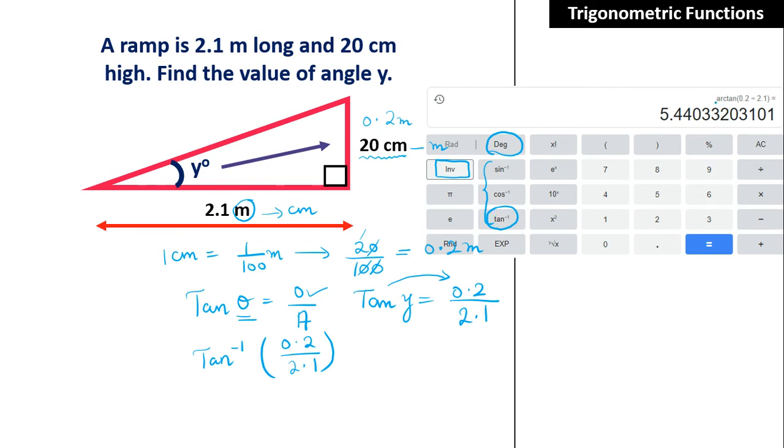When you write it down, you have arc tan of 0.2 divided by 2.1, and my answer is 5.4. That means that my y equals 5.44 degrees.